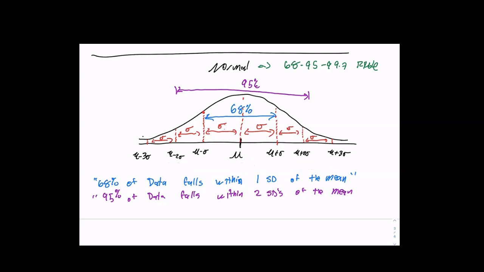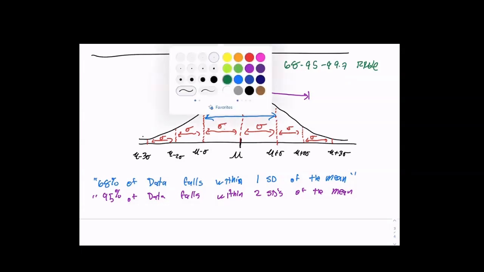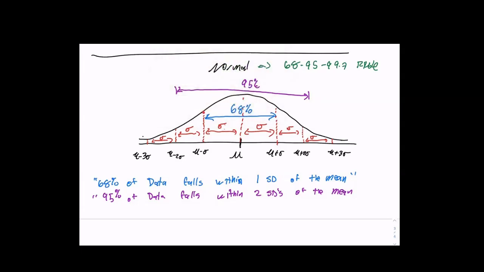And finally, how much data would we expect within 3 standard deviations of the mean? Do another different color here. Brown. I'll go brown.